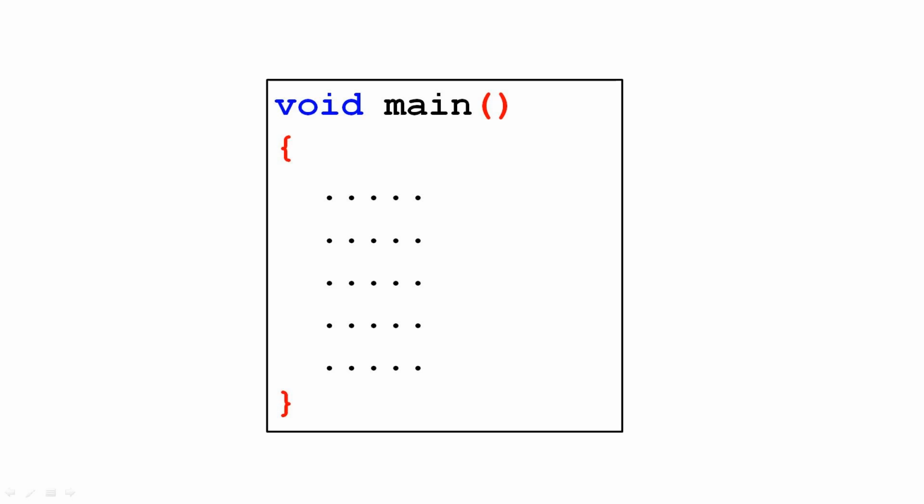The type void. As the name suggests, void means nothing. So the output of the main function will require 0 bits or 0 bytes in the memory. Note that I said output of the main function.